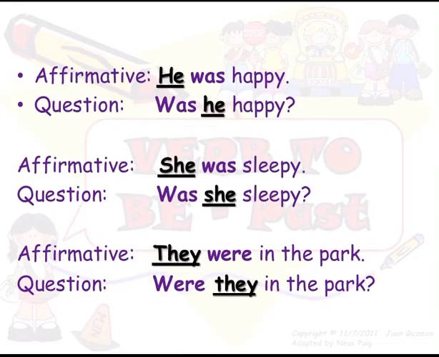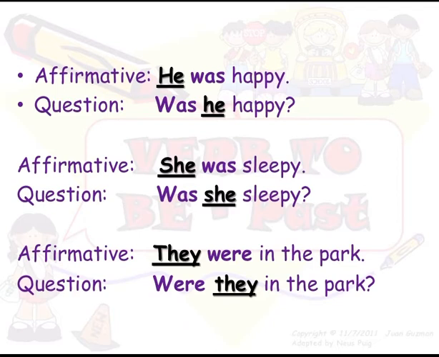He was happy. Was he happy? In this sentence, the subject is he and the verb to be is was. So we change their places and the question becomes, was he happy?